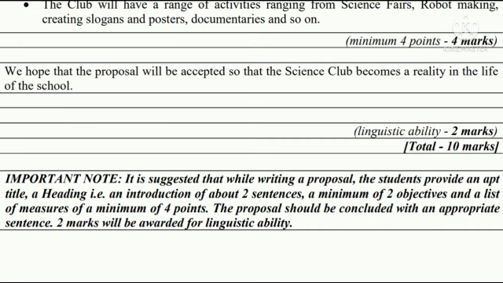These are the guidelines given by the board. Here they have asked you to write 2 points for objectives and 4 points for list of measures, but I want all my students to write 4 points under the head objectives and 6 points under the head list of measures. You have to keep the format of the proposal in mind.